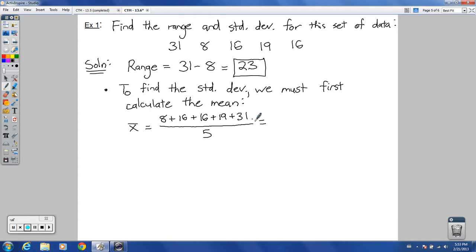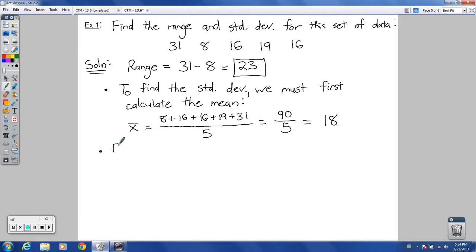Could we calculate the median, the mid-range, the mode, and the mean? Yeah, we could calculate all those other things too. If you add these all up, you should get 90, and 90 divided by 5 ends up being a nice clean whole number, 18.